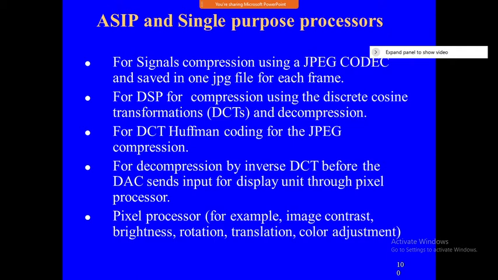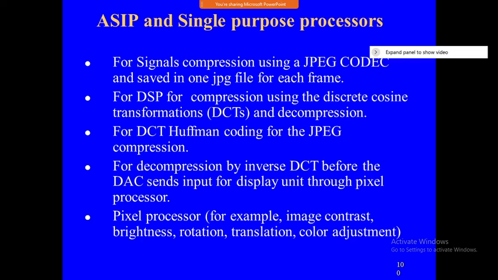That coding and decoding compresses the signal and saves it in one JPEG file for each frame. The DSP handles compression using the discrete cosine transformation, and decompression.